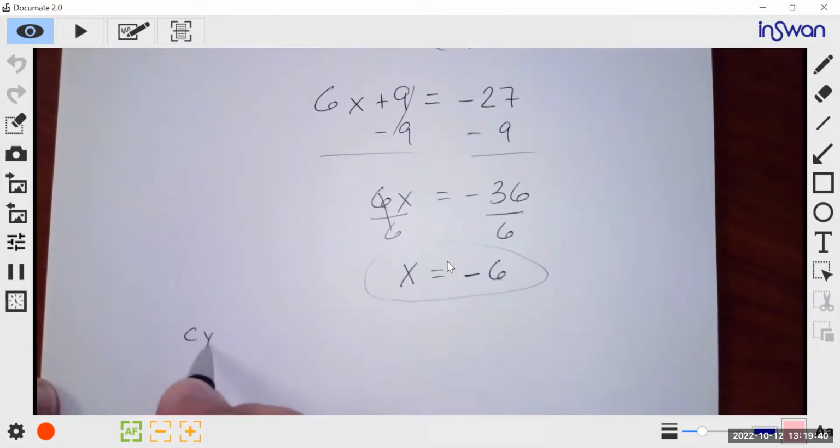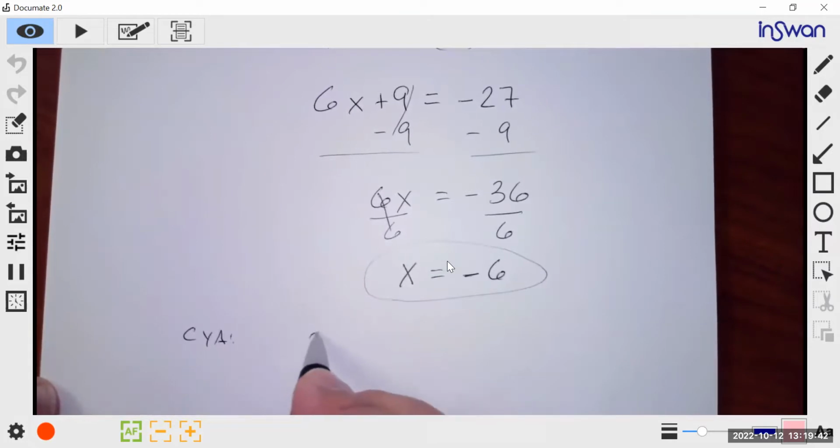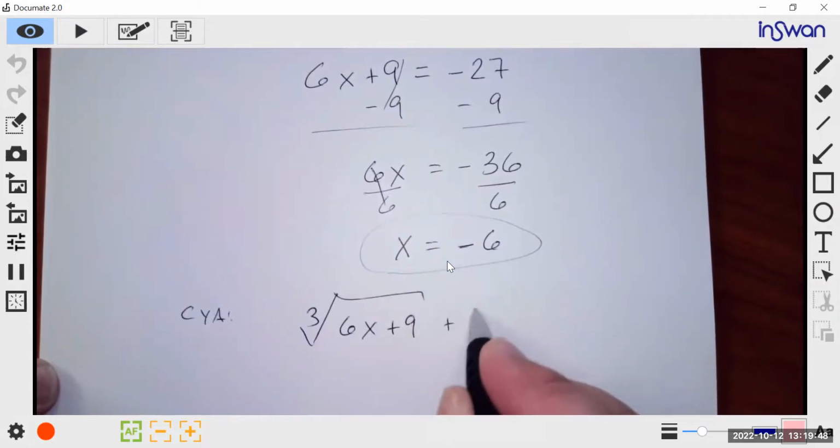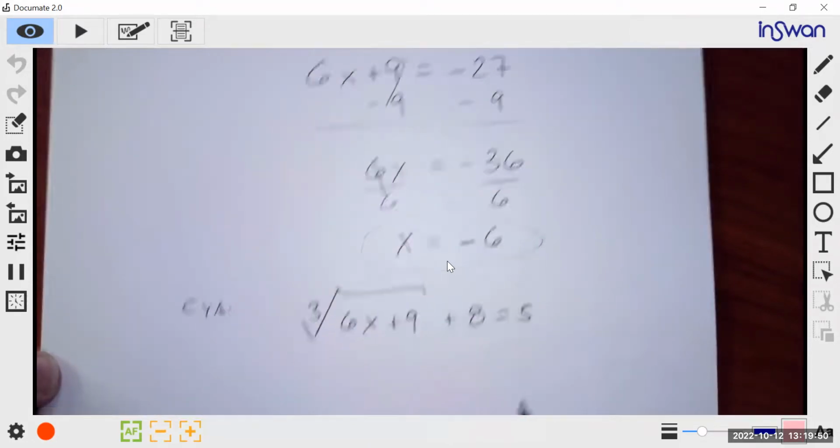Again, we have to check our answers. Remember, our equation was 6x plus 9 plus 8 equals 5.